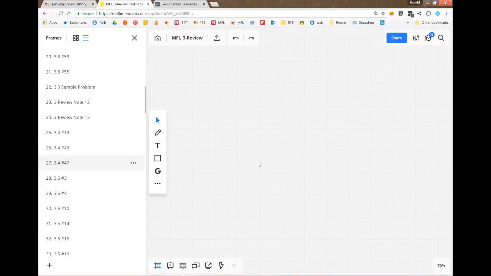Okay, 3.4, number 51. What makes this tough is this could come out any of three ways. So this is a tough question. The question is to determine whether they're equivalent.